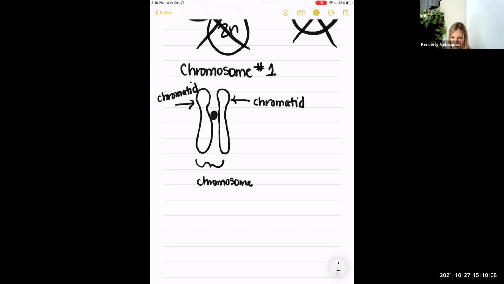One of those copies was made at some point in the cell cycle that we're going to talk about today, called the S phase. When they're attached, they're called sister chromatids.